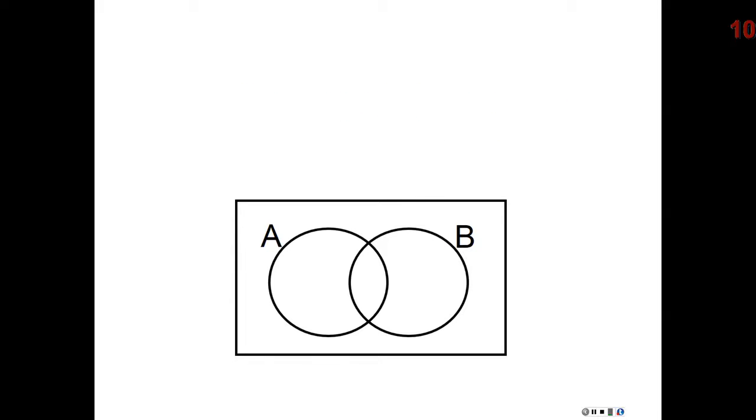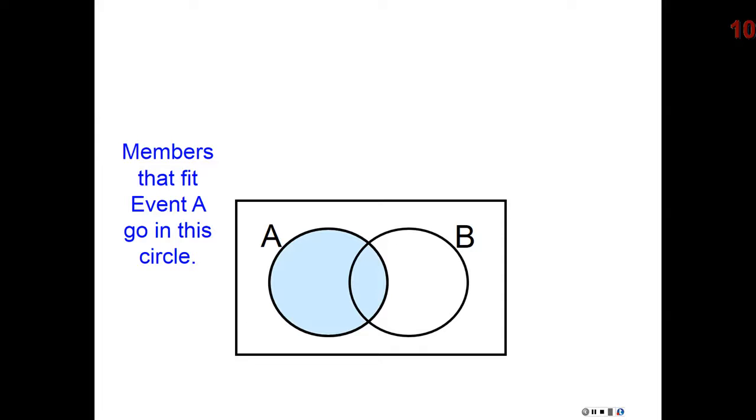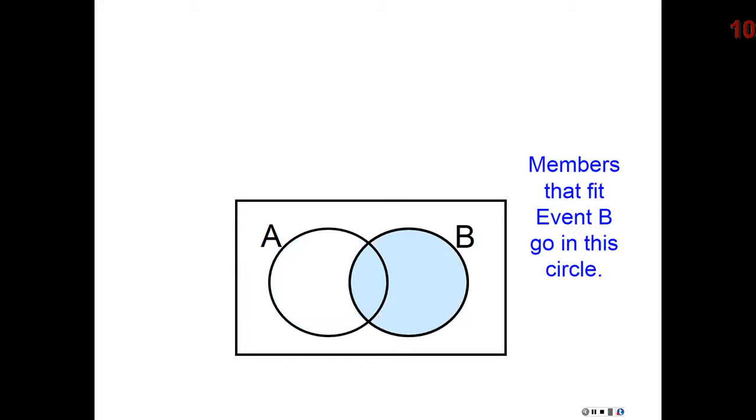This circle represents event A, so members that fit into event A go in that circle. And this circle means that members that go into event B go into this circle.